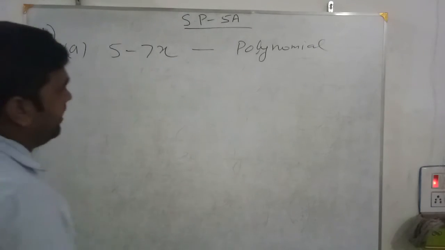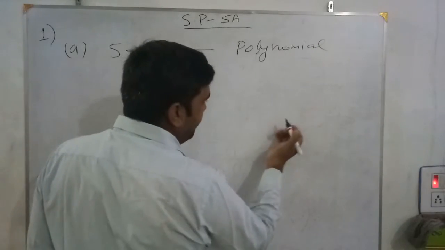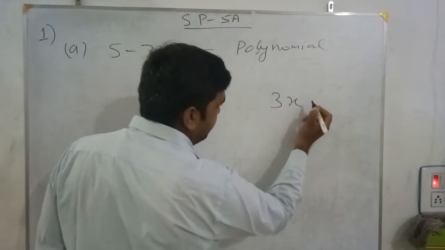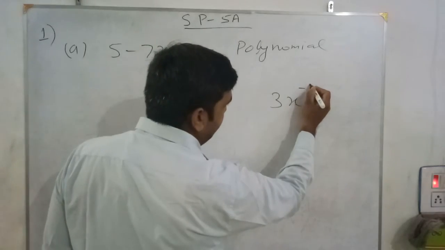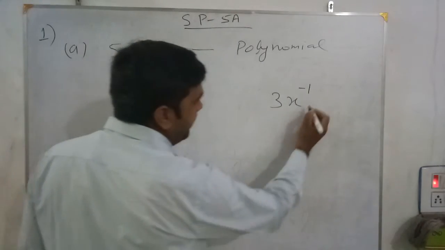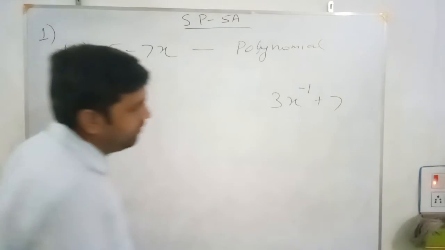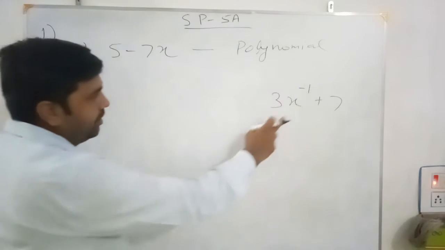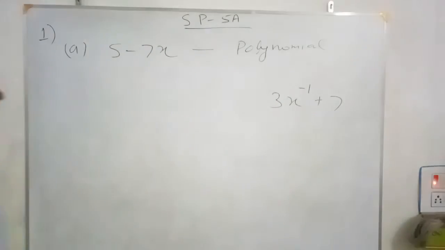Suppose we take 3x to the power minus 1 plus 7. This is not a polynomial because the degree of the variable x is a negative integer.